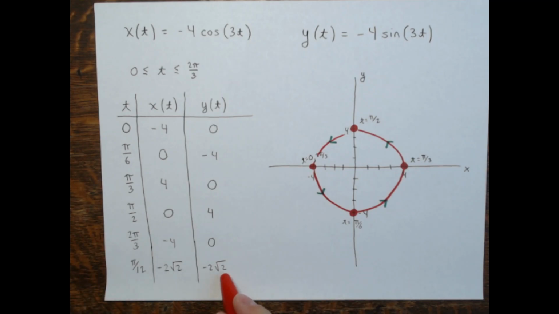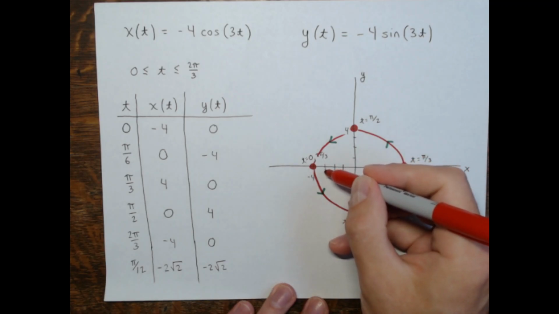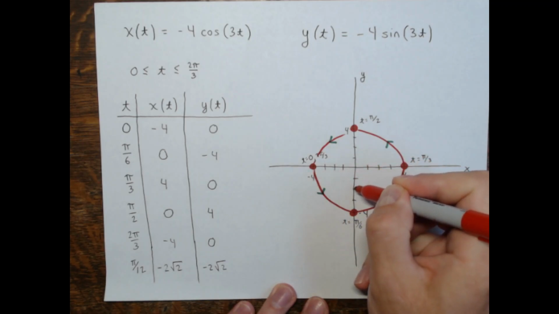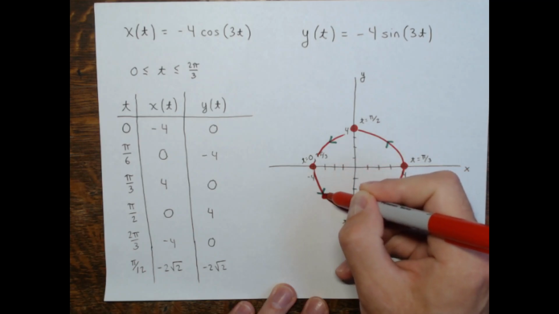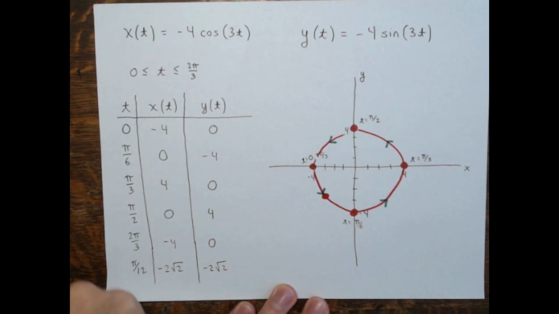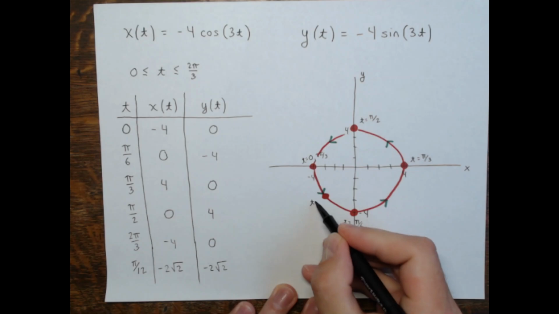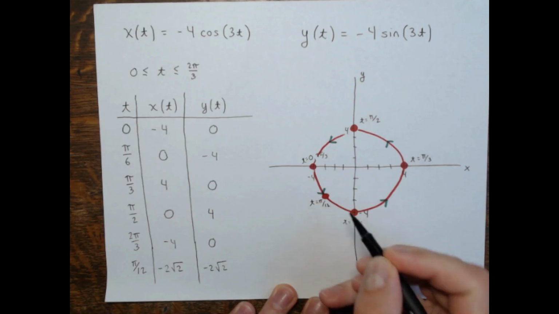Now, square root of 2 is about 1.4. So this is double that. This is about negative 2.8. So between negative 2 and negative 3 here, and then between negative 2 and negative 3 here, so we're about here. This is what the location would be when t equals pi over 12.